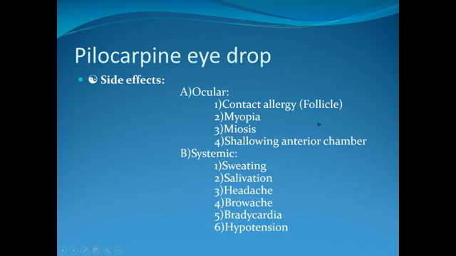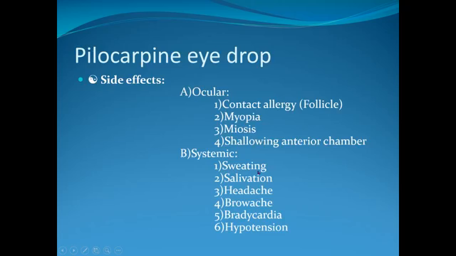It is very important in viva; the examiner waits to see whether the student says pilocarpine or not. So contact allergy, follicles: this is allergic conjunctivitis, contact allergy. Ocular effects also include myopia; it causes some myopic shift, miosis, constriction of the pupil, and shell of endothelium.